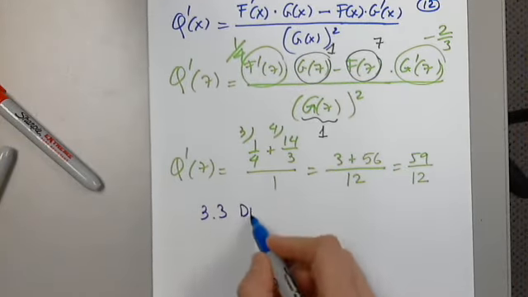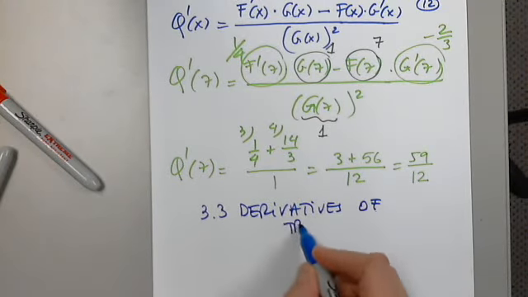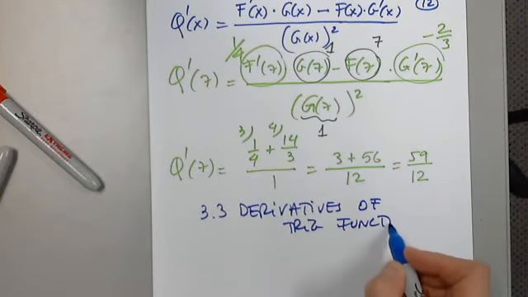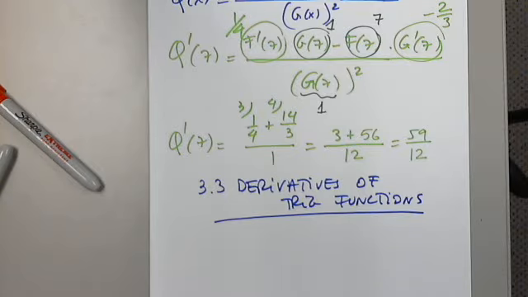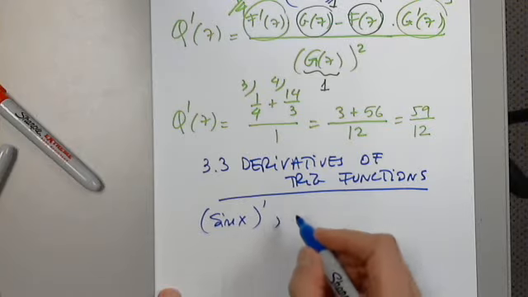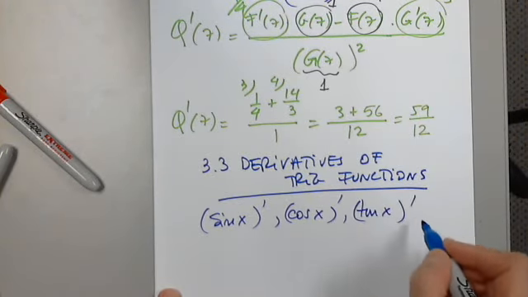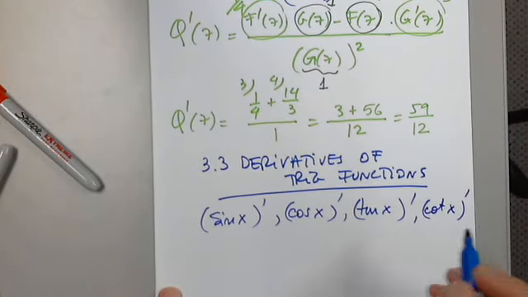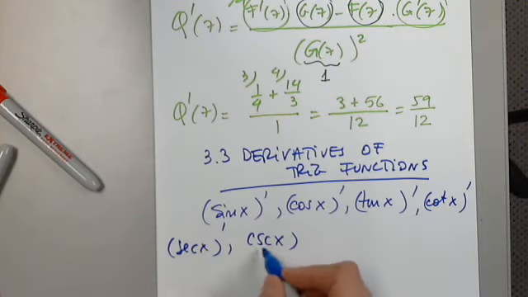3.3. Okay. For derivatives of the trig functions, what we are trying to do here is find sine x prime, cosine x prime, tangent x prime, cotangent x prime, secant x prime, and cosecant x prime.